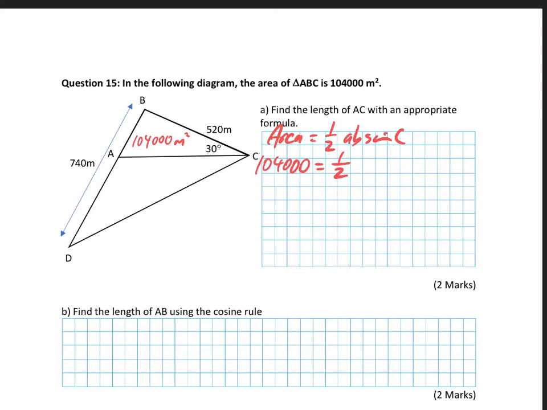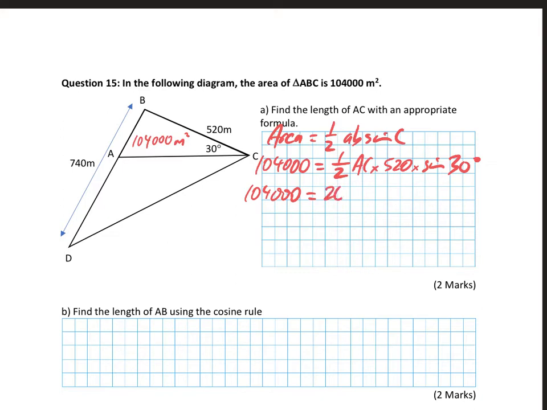So one of the sides is 520, the other is AC. So I'm going to make AC times 520 times sine of 30 degrees. 104,000 is equal to 1/2 times AC times 520. Order of multiplication doesn't matter.